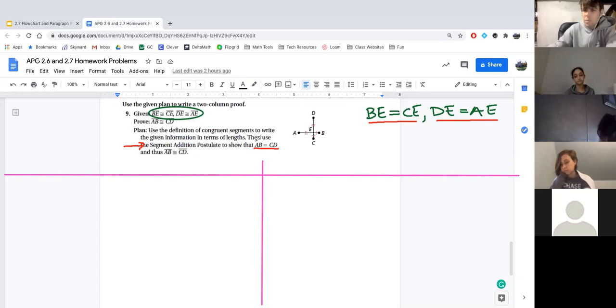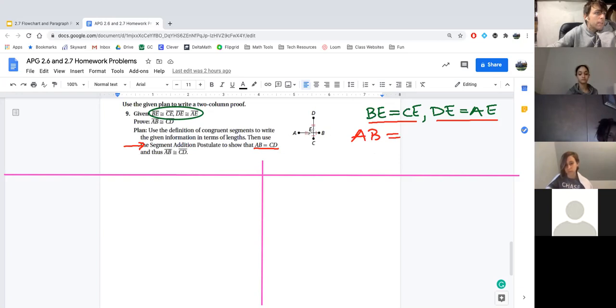The segment addition postulate is used to write an equation about a larger segment that's been broken up into smaller segments. I can't use the segment addition postulate directly to write an equation about AB equaling CD. That's just not possible. They're not part of the same segment at all. But I can use the segment addition postulate for each of them individually. So that's what I'm going to do to start things off.